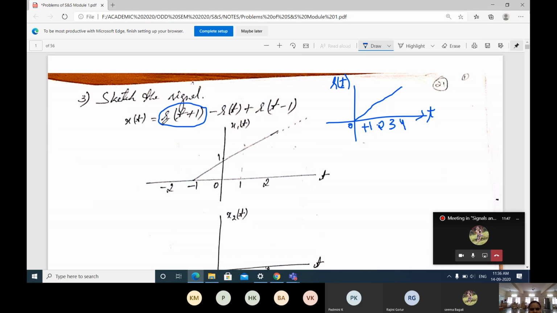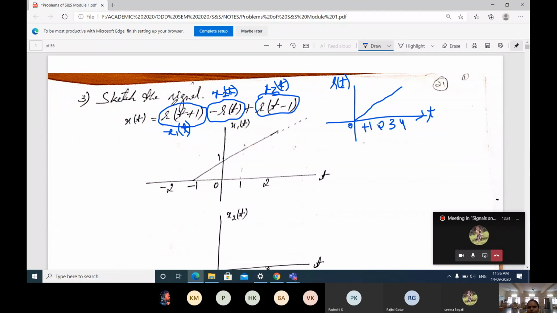We can take this as x1 of t, or else take x1 of t, x2 of t and x3 of t, assuming the whole middle term as x2 of t and the last function as x3 of t.